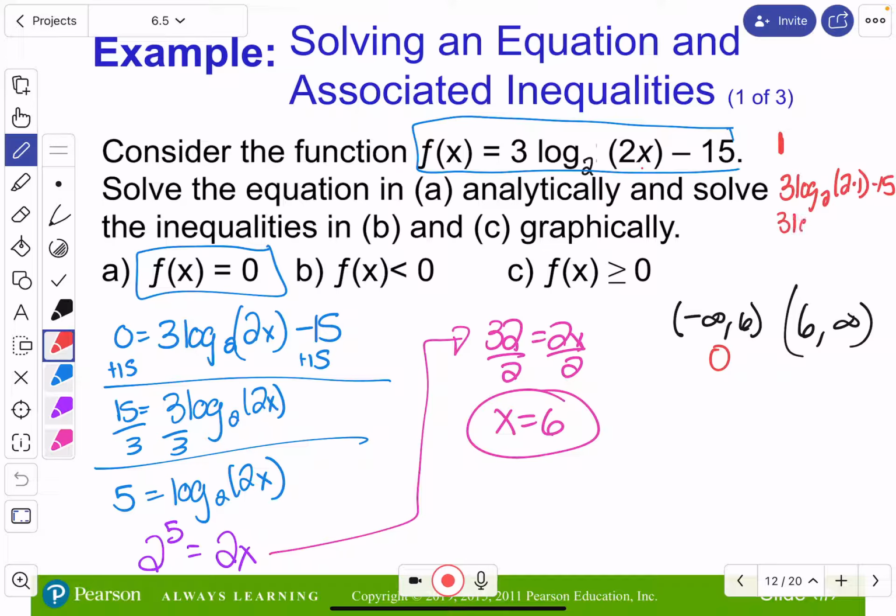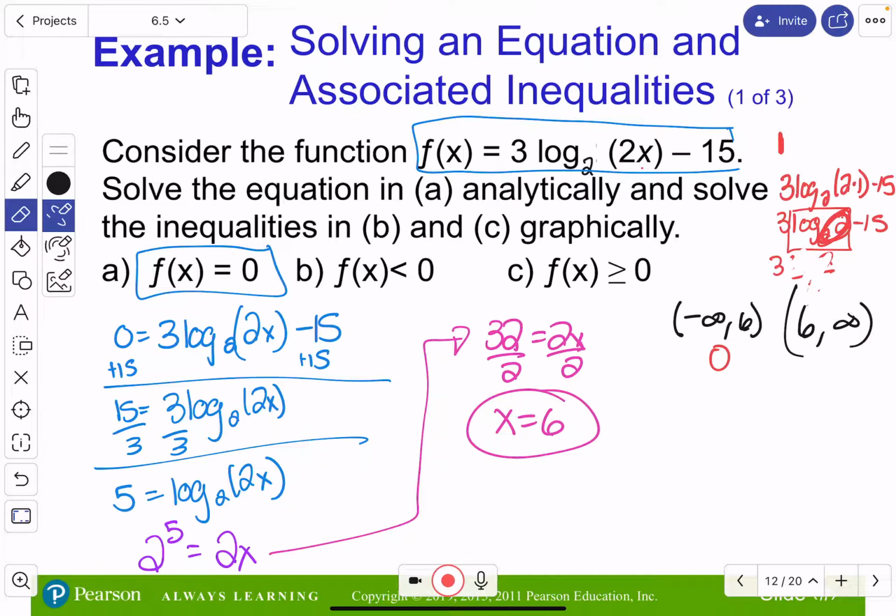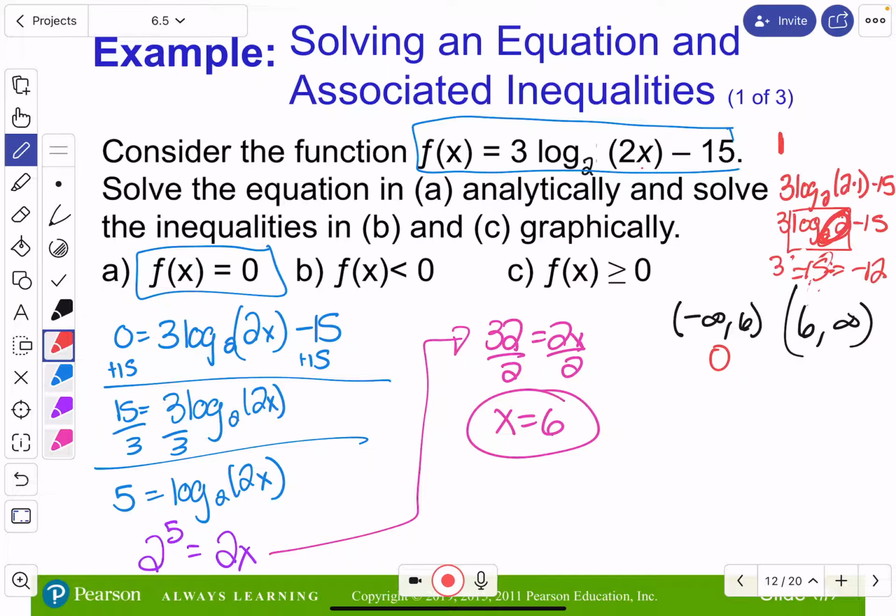So that'd be 3 log base 2 of 2. And then change of base would be log 2 over log 2, because those cancel out, right? So we really have 3 minus 15, which is negative 12. So when you plug 1 in, you get negative 12, which is less than 0. So our negative infinity to 6 is less than 0. And then 6 to infinity is greater than or equal to. That's why that one has a bracket.